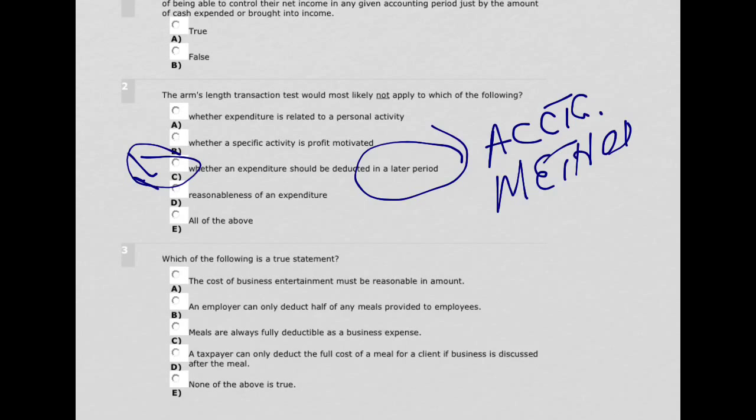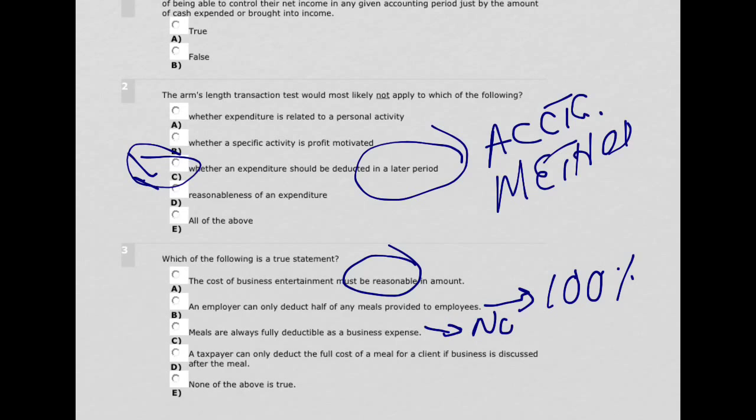Here in number 3, a few questions came up on this one. Here, the cost of business entertainment must be reasonable. The regs say that, and that's the true statement there. An employer can only deduct half. Well, that's not true because there are some where it's 100%. Meals are always fully deductible. No, they're not always fully deductible.